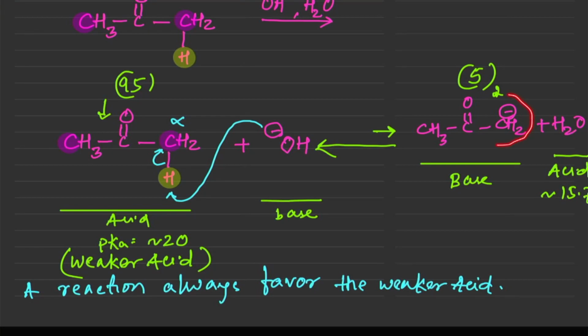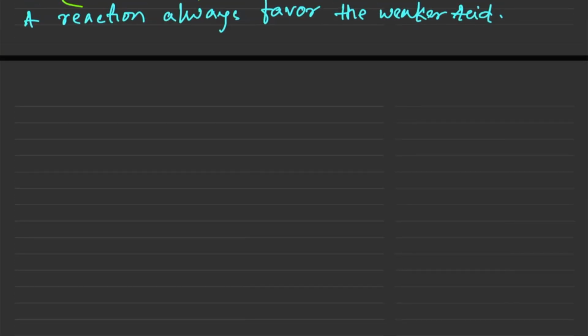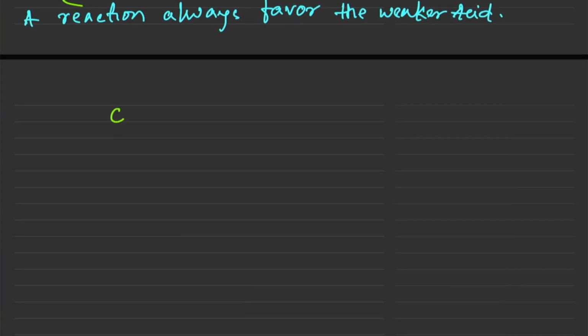So you notice what charge this one has: a negative charge right there. I'm going to draw it out. In your mixture, in your reaction, you just made 5 of these, CH2 minus, CO, CH3. And you still have 95 of these.